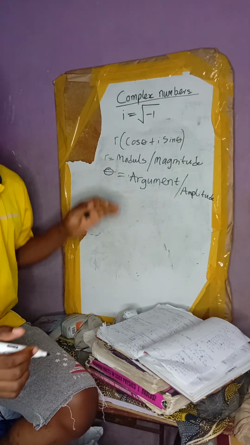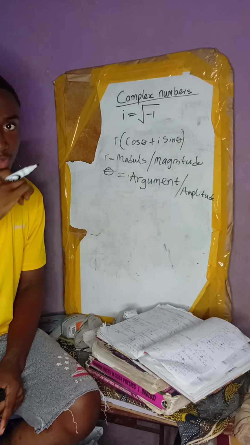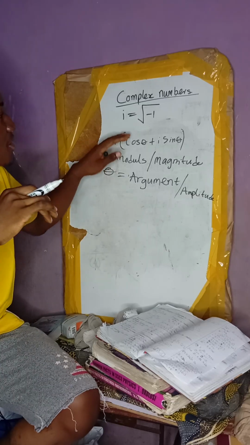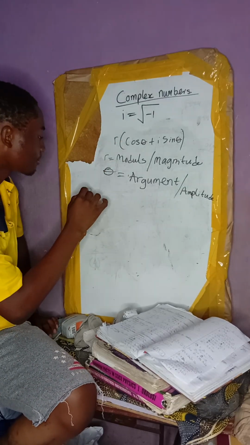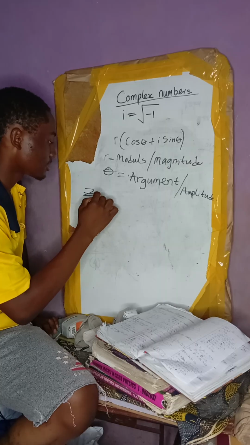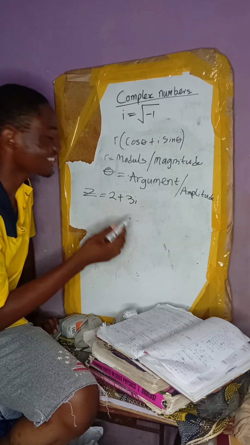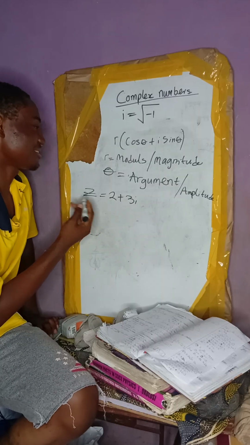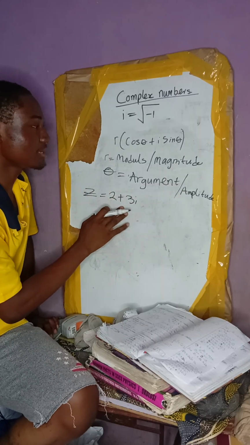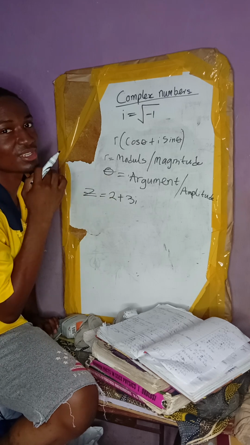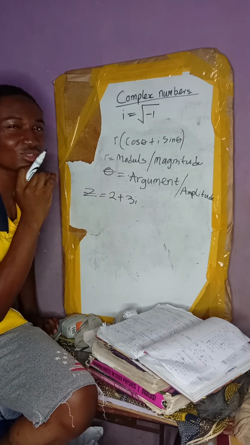So basically, how do you find the magnitude of a vector first? We do it by squaring. So let us say we have a complex number 2 plus 3i. I don't know why I always remember this, but anyhow. To find the magnitude or modulus of this complex number, it's the same way you do it in vectors.